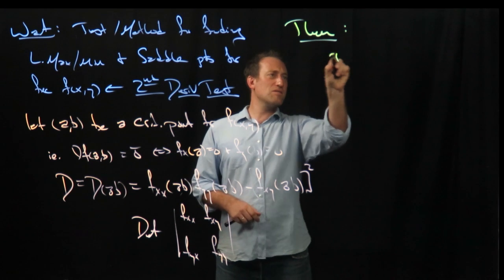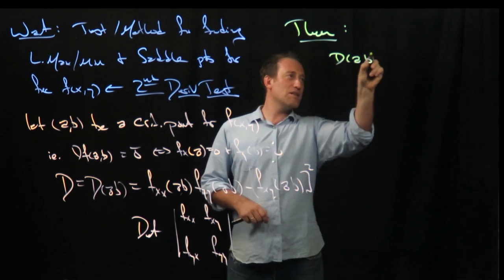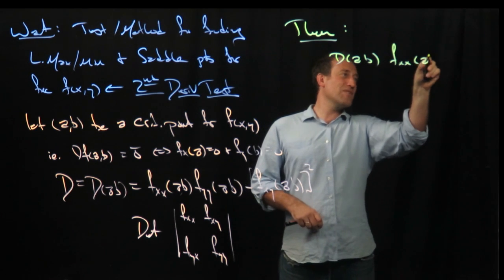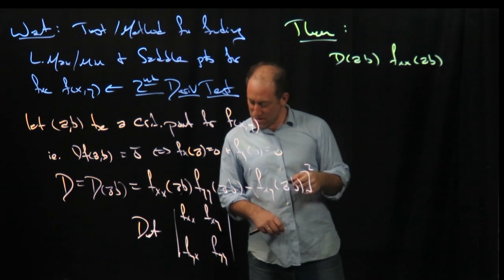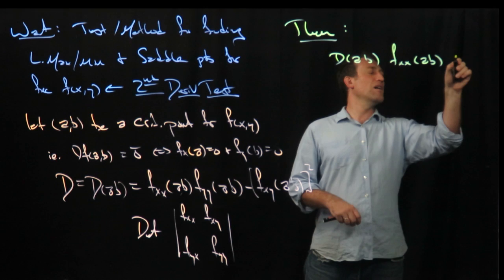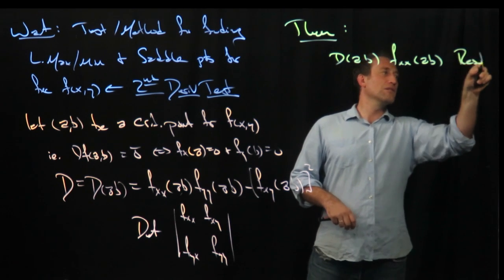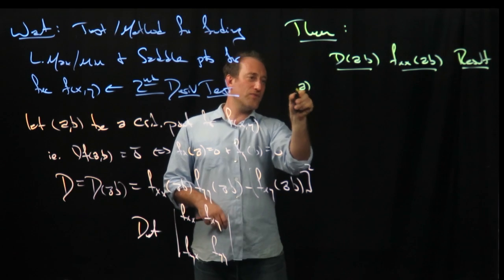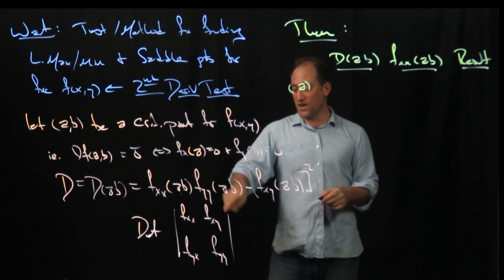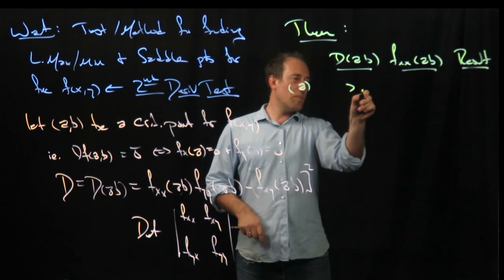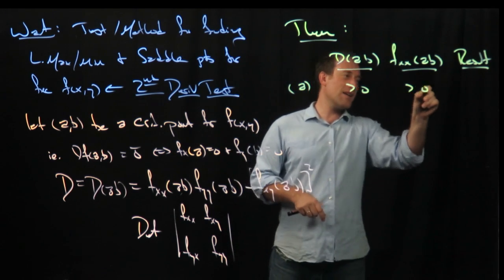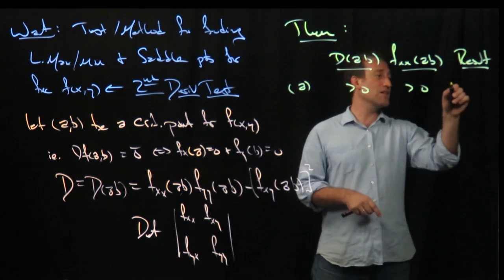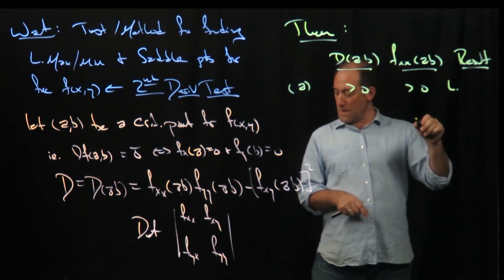So, first D evaluated at AB, fxx evaluated at AB, and the result. All right. The first possible case is this D function will be positive and fxx will be positive, in which case you've got a local min.